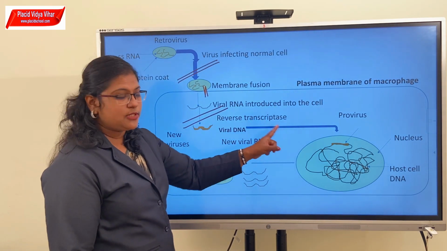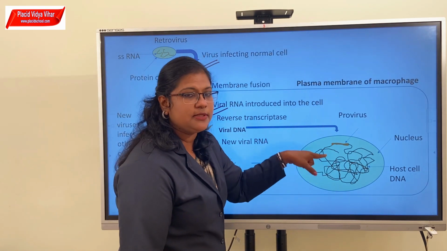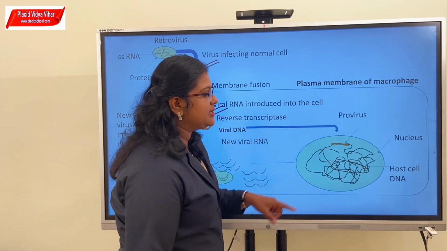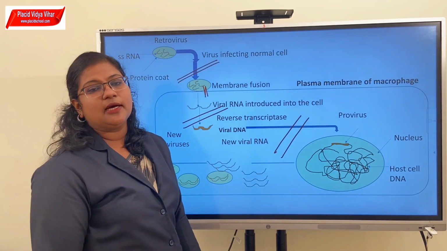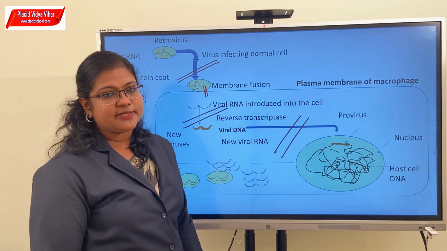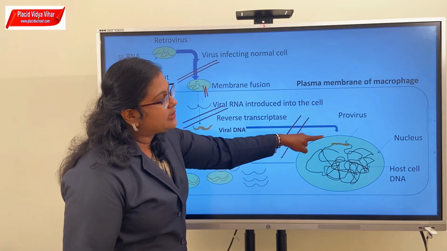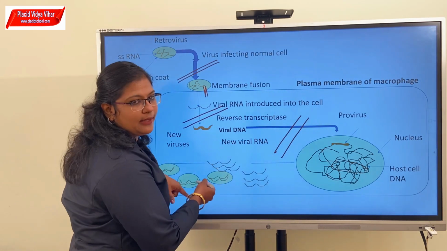Then there is another stage in which the DNA is incorporated into the host DNA by the enzyme integrase. This integration step is blocked by several other drugs. So that is another area where drug development is concentrated. Finally, the integrated provirus will start producing viral RNA.